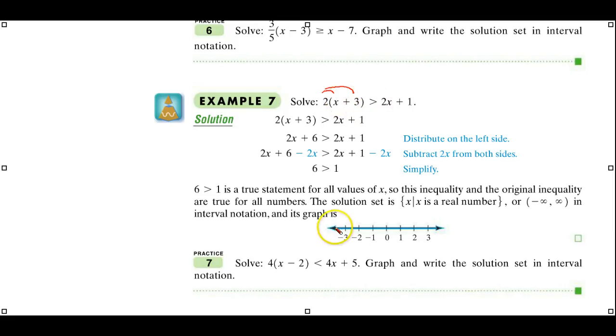So for this, the graph of it is all real numbers, and in interval notation it is from negative infinity to positive infinity, and the graph is a solid line with arrows thickened on both ends. This is the graph of all real numbers. This is the interval notation of all real numbers.